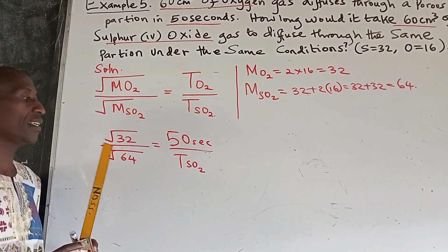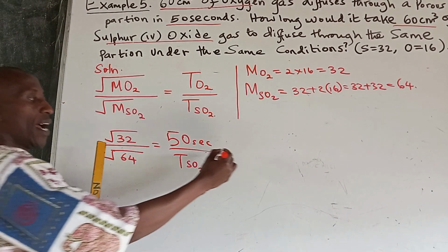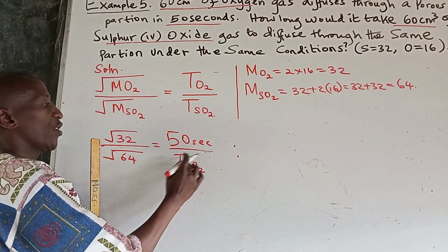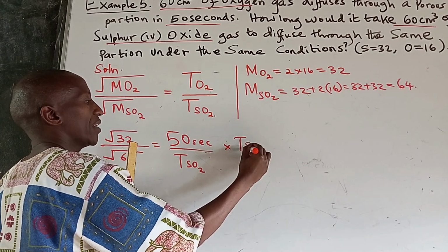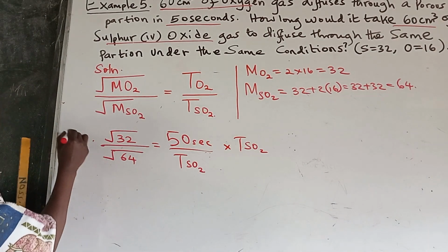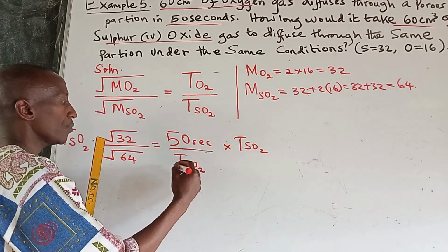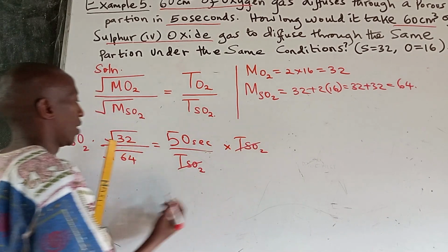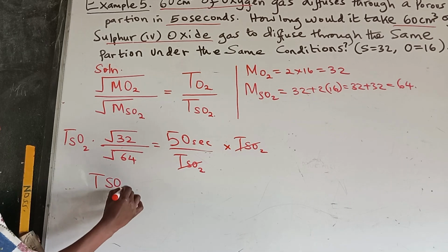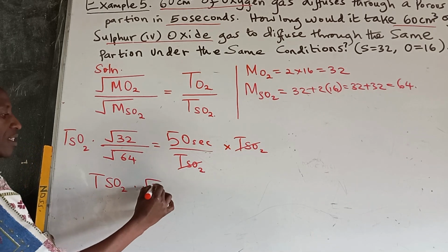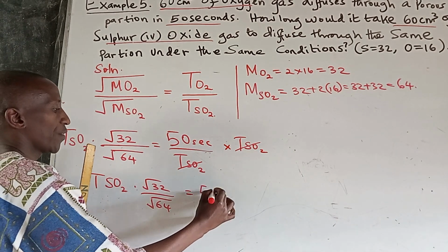all over the time for SO2. So our task here is to make the time for SO2 the subject of the formula. And how do we go about it? We can multiply both sides by the time for SO2, and that will go, so that we shall have time for SO2 multiplied by root of 32 over root of 64 is equal to 50.